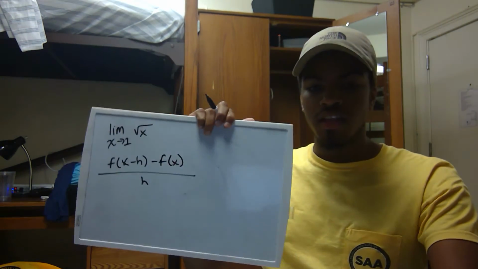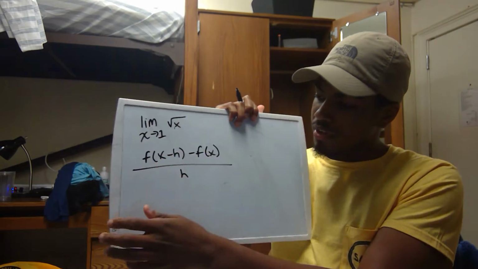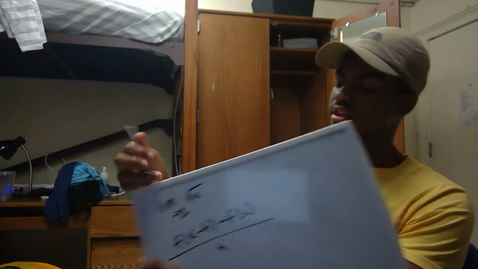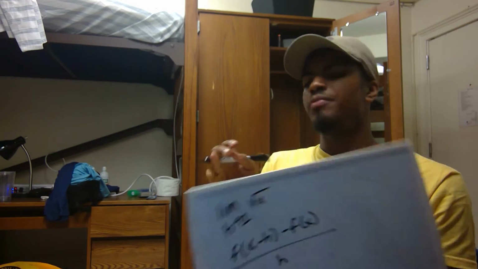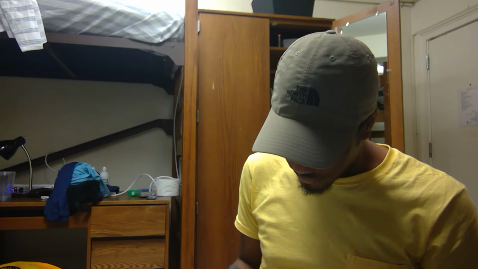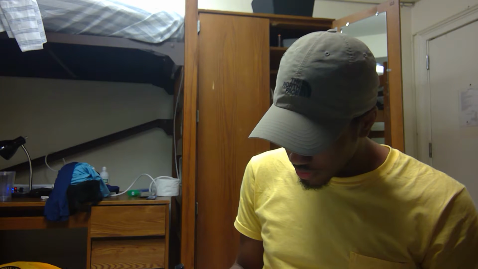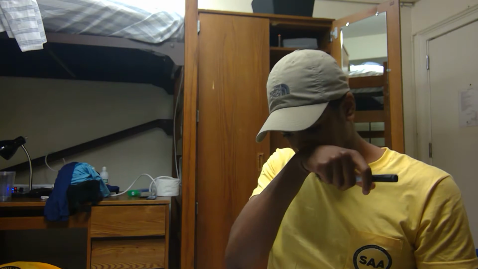So if you plug f of x into here, and if we say that x equals h, then we can substitute and get the square root of x minus 1 minus the square root of x all over 1.